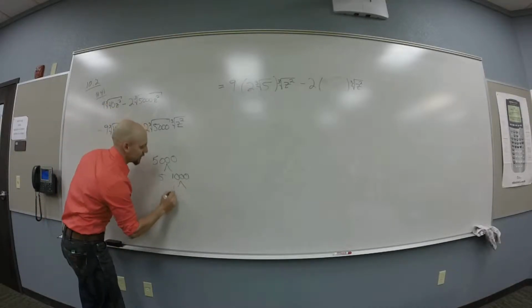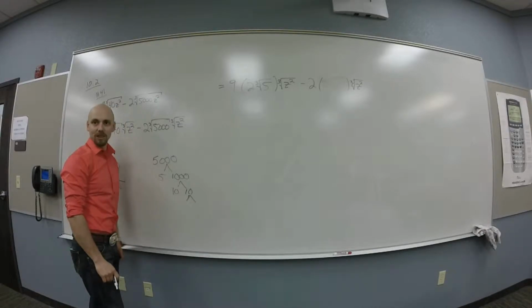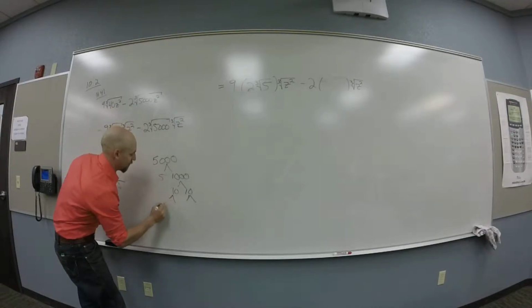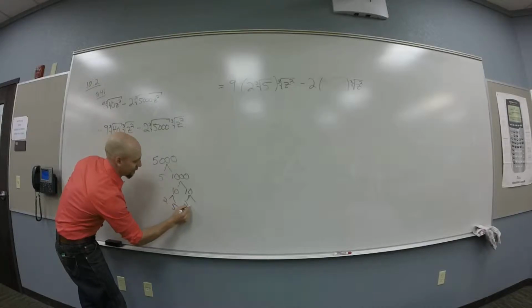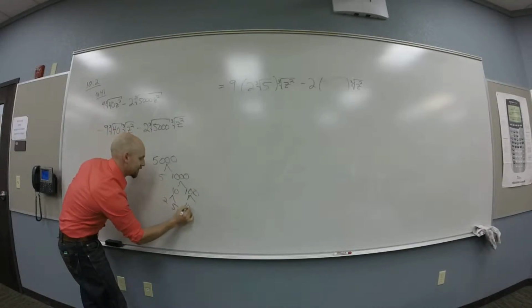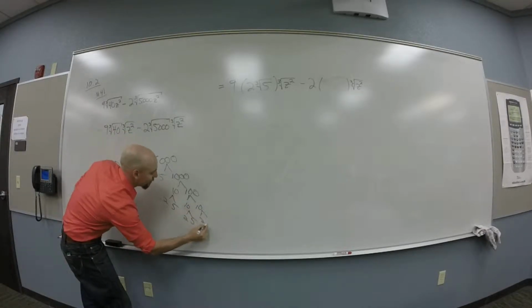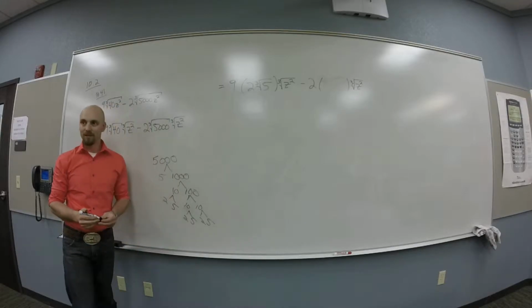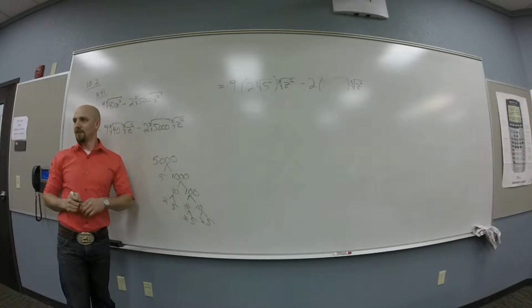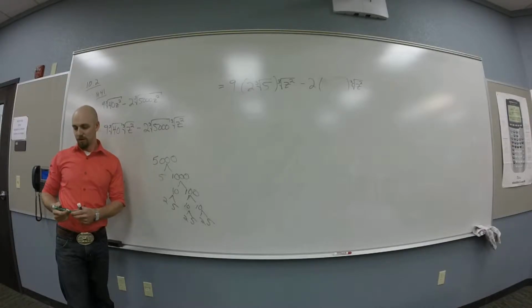If you have to break this out into a factor tree a little bit more, 10 and 10 breaks into 2 and 5, and 2 and 5. Now I've got lots of 2's and lots of 5's, but you have 3 of each.